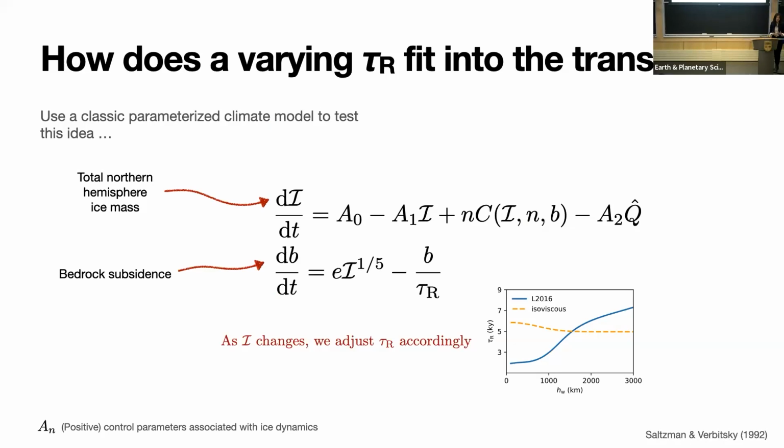But changes in rotation are a very big part of what we model in GIA as well, because shifting mass across the planet will change the moment of inertia and drive true polar wander, these sorts of things.